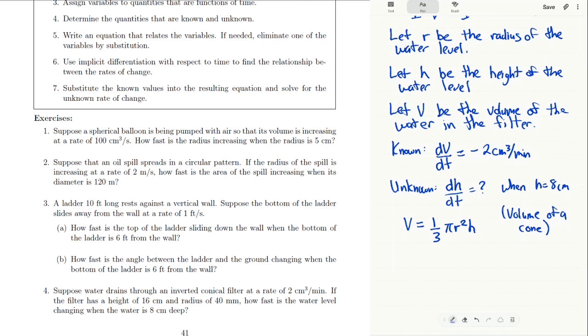However, if we look at this equation, there are too many variables. We have V, r, and h, and because we are looking for dh over dt, we need to eliminate the r variable.